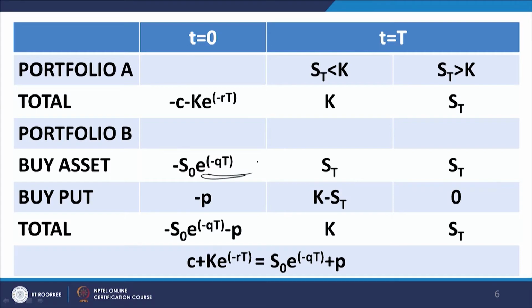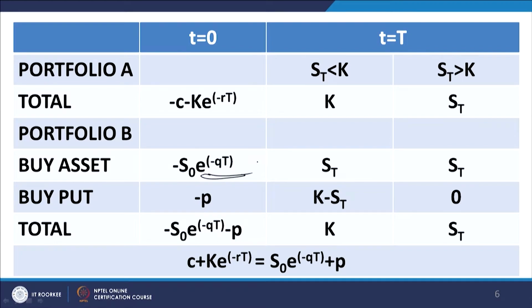In this case, the only variation that takes place is here. In the previous cases, we had taken a long position in 1 unit of the underlying asset. Now, because the underlying asset is growing at the rate of q, continuously compounded, in order to have 1 unit of the underlying asset on the date of maturity of the options contract, you need not have 1 unit at T equal to 0.